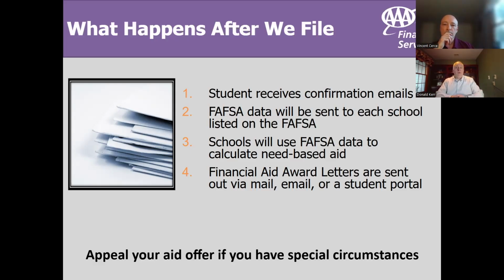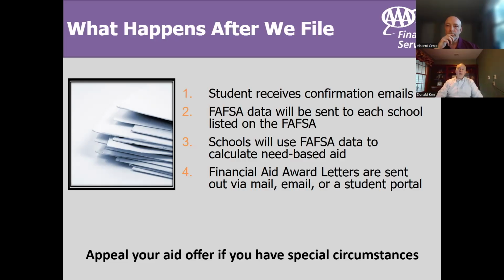Every student can create a portal where they have access to all the information they need: admissions, financial aid, when it comes time for orientation, the bill when it comes out. So have the student create a portal. They can go there and see that financial aid offer first. It's going to come in the mail too to your home, but you want to see this right away the sooner you can, because every college will give you a vastly different financial aid offer.